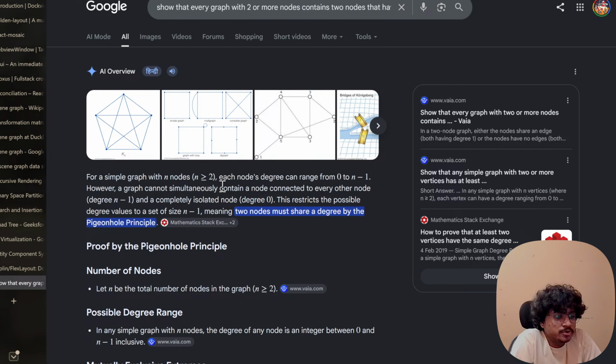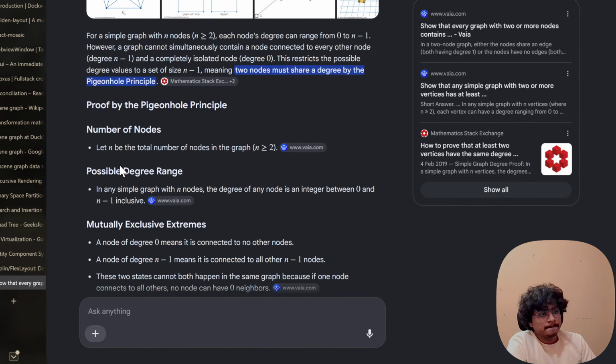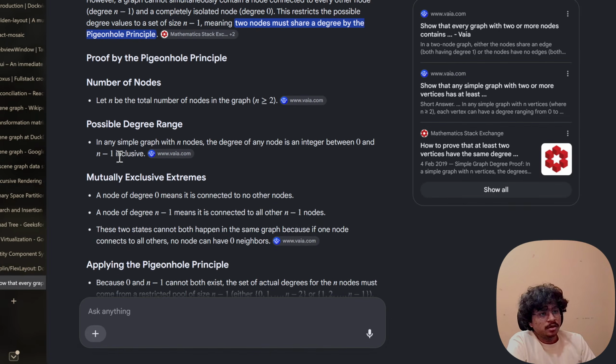Proof by pigeonhole principle. Let n be the total number of nodes in the graph, with n greater than or equal to 2. In any simple graph with n nodes, the degree of any node is an integer between 0 and n minus 1 inclusive. Mutually exclusive extremes: a node of degree 0 means it is connected to no other nodes.